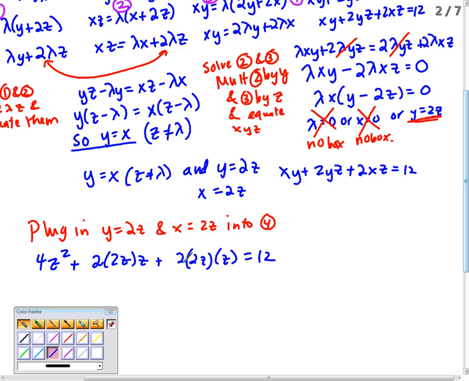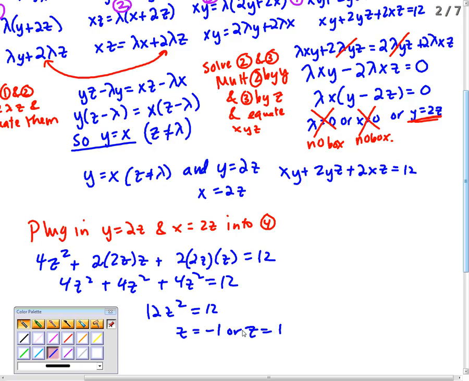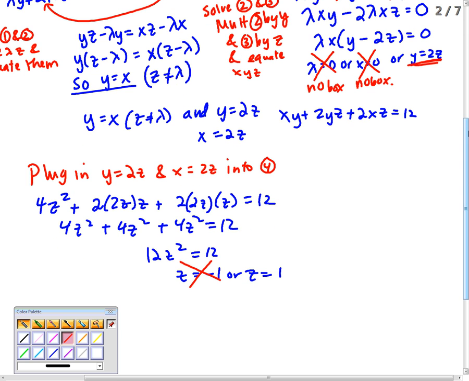You're saying I have 4z squared plus 4z squared plus 4z squared equals 12, so 12z squared equals 12, z equals plus or minus 1. But you can't have negative 1, so that one's out. z is 1. So if z is 1, y is 2, x is 2. That means x is 2, y is 2, and z is 1 meters.